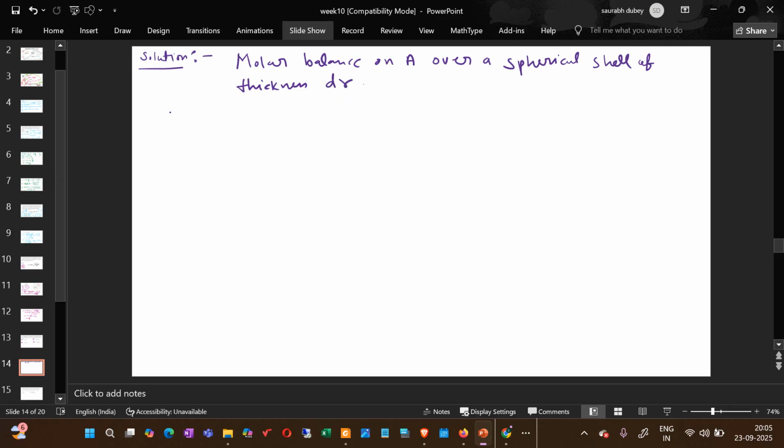So what I am doing is, 4 pi r square is the area through which Na is the flux at r location, minus 4 pi (r plus dr) square into Na at r plus dr. So what is this?